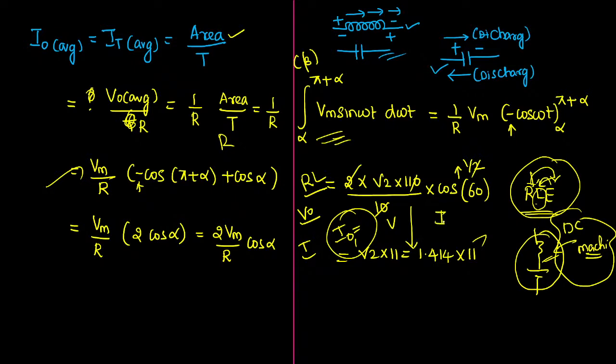If you go with the current calculation, the derivation will be simple. That's why, just a simple observation. So go ahead with the I naught average, simply calculate the current flowing through the RLE circuit, but don't consider the effect of L. I told you the reason clearly now. Okay, I hope you all understood.